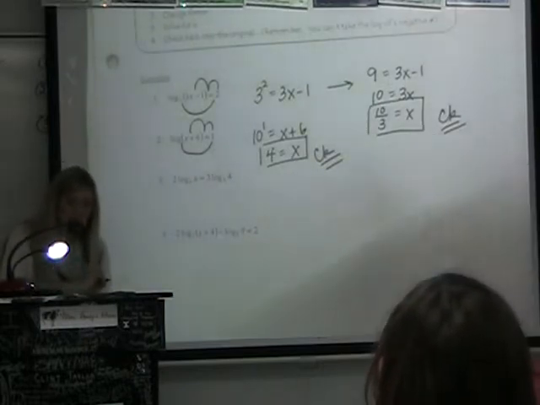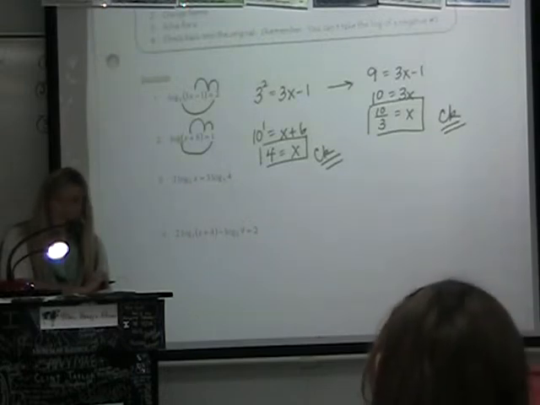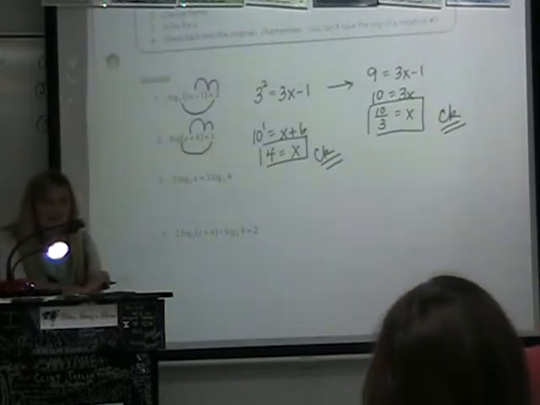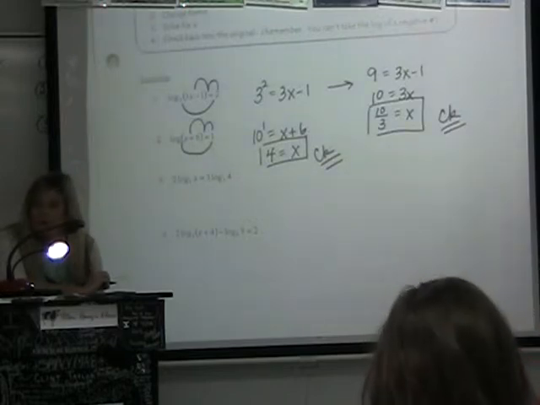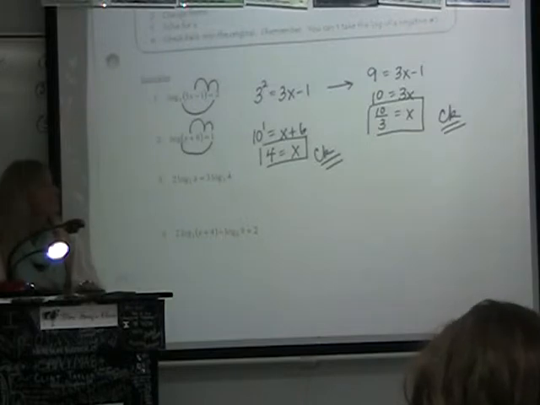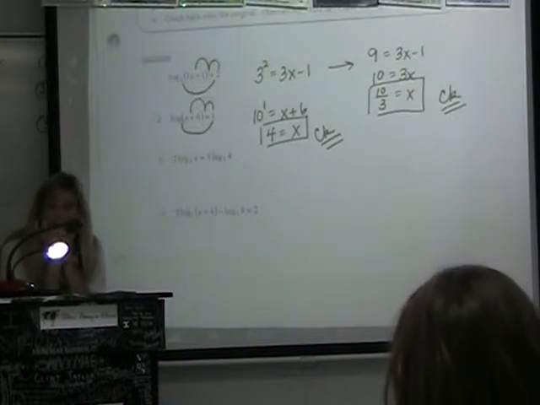All right, number 3. There's a couple of different ways you could do number 3. I'm going to take advantage of the property from the beginning of the page since I have a logarithm on both sides of the equal sign. But before I can take advantage of that property, I actually need to condense both sides. By doing what?